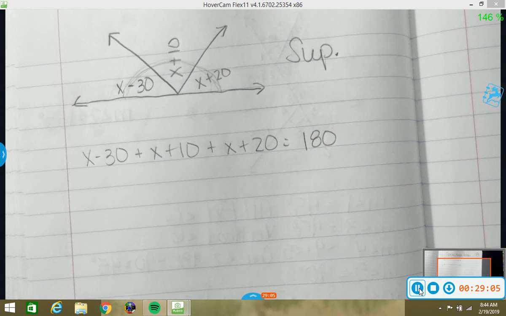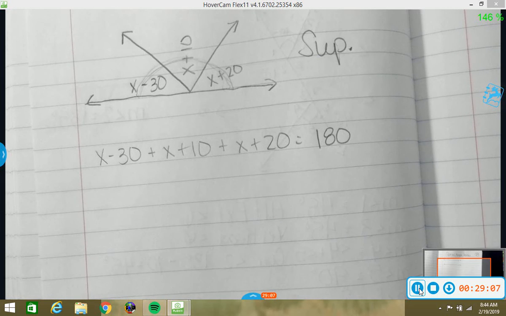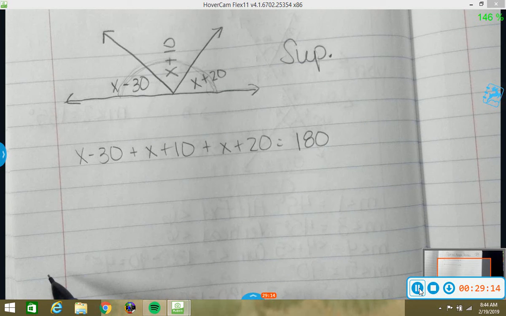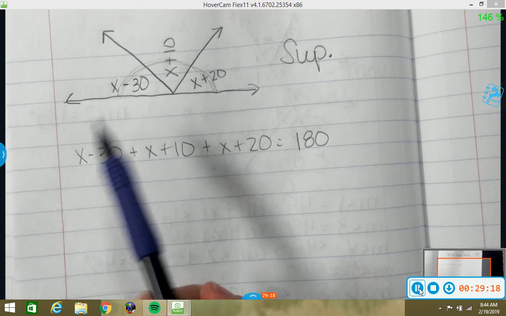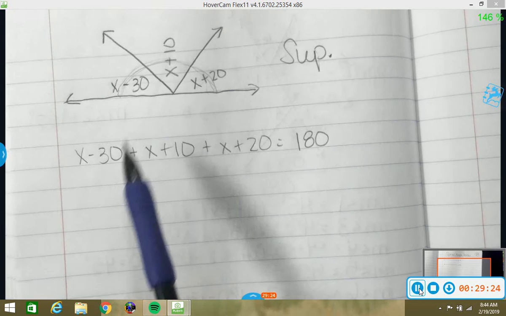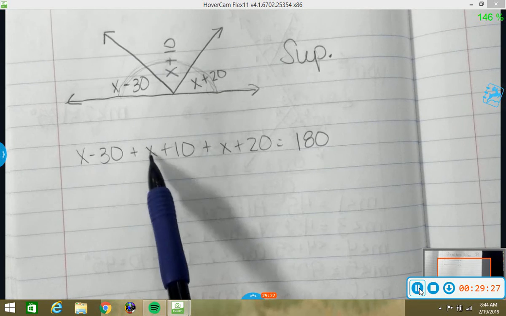Do I need to do any inverse operations? No, because they're all on the same side right now. So we have x, x, and x.